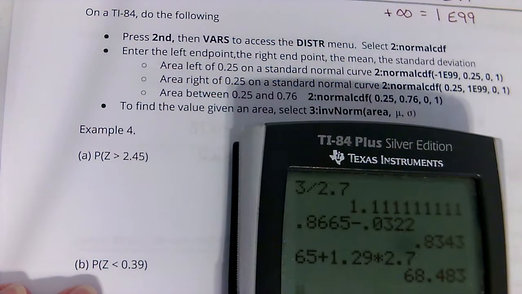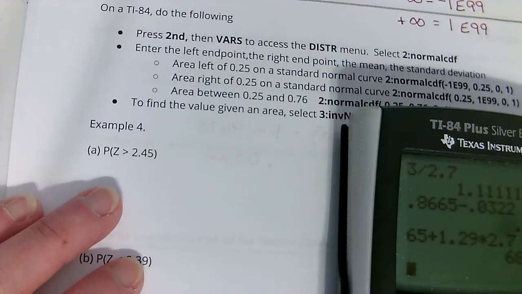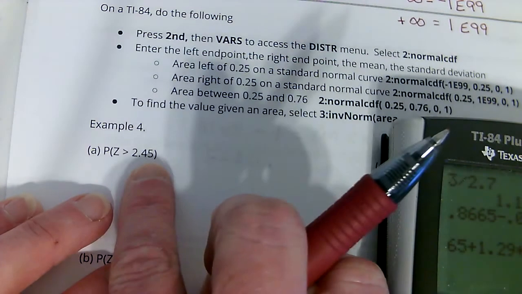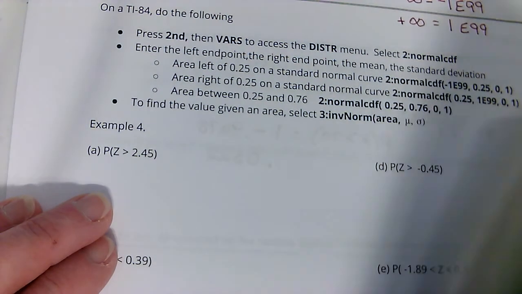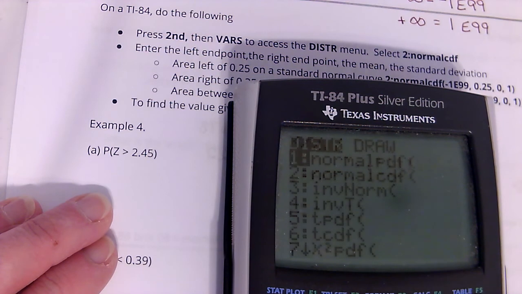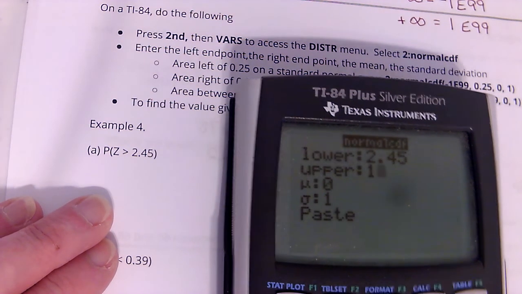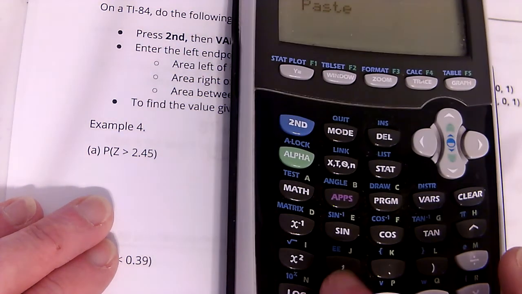So let's practice with this one. If I wanted to find the probability that the z-score is greater than 2.45, I'm going to go to distribution. We're going to normal CDF, and greater than 2.45. That means the lower boundary is 2.45. The upper is going to be 1 E 99.